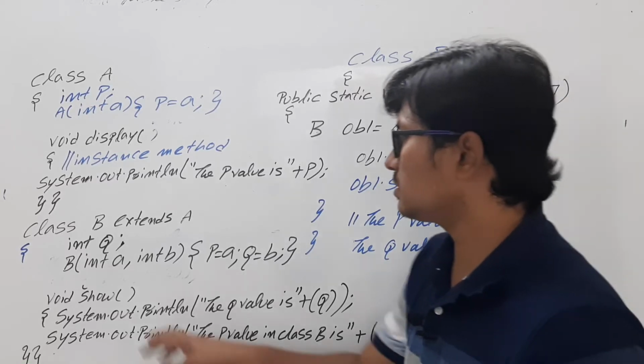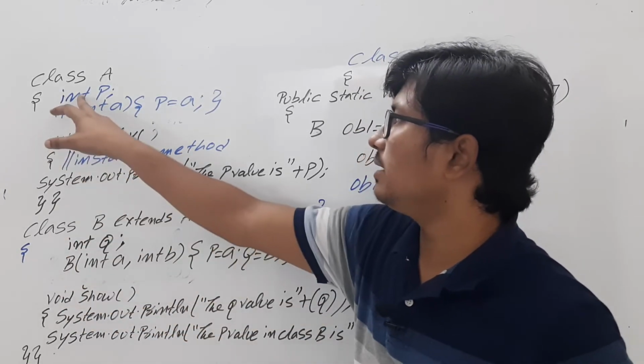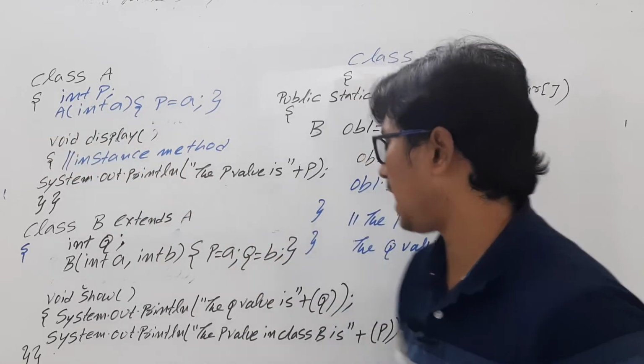So now what is this? This is a parameter constructor for the class B and this is a parameter constructor for class A.